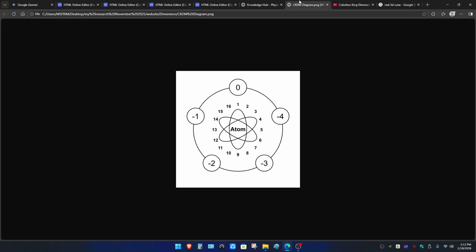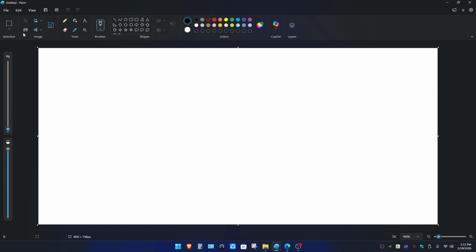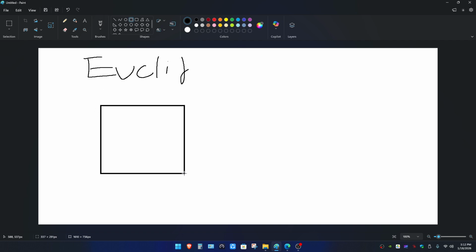Okay, so here's the thing. Today's topic will be a 3D object. According to Euclid, a three dimension is something like this. Let's say I am making a cube.